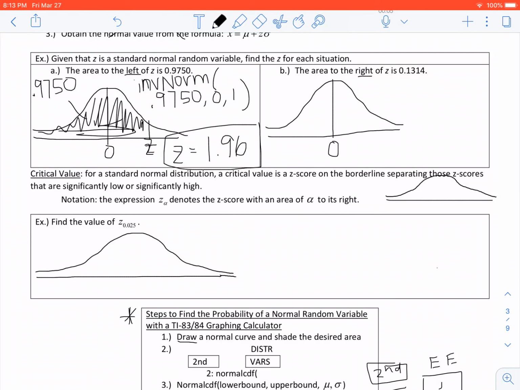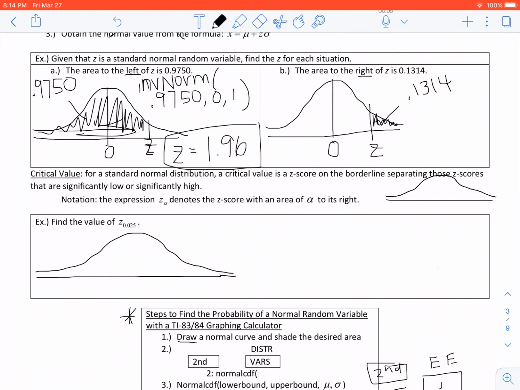So it's a small area, and we're shading to the right. And I'm going to say this little area here, right of z, is equal to 0.1314. Again, remember that the mean cuts the normal curve in half, where the area to the left of 0 is 0.5 and the area to the right of 0 is 0.5.